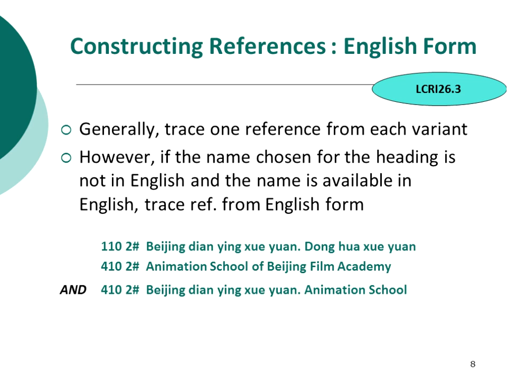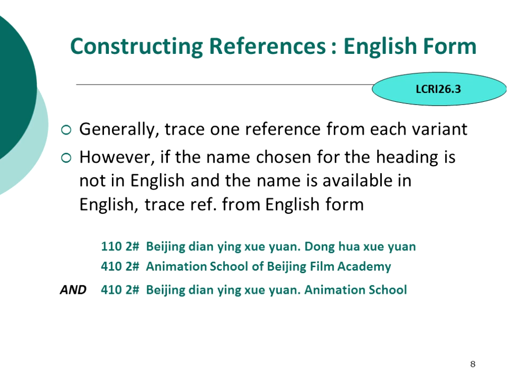However, if the name chosen for the heading is not in the English form, and you have a source showing an English form, the rule says that we do need to trace references from that variant form that applies to the English form. Let's look at the example here to try to understand what this rule is about. We have a 110 here of a Chinese corporate name in its pinyin form, and the heading is under the subordinate here, as you see.